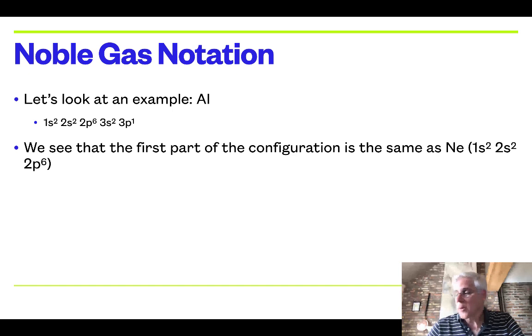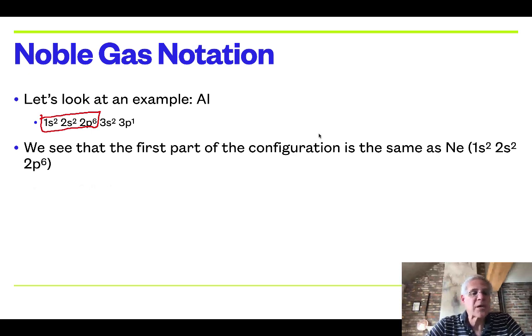Now, if we were to look at all of the electron configurations for the atoms, when we look at aluminum, what we see is that the first part of aluminum is the same as what we see for a noble gas, neon: 1s2, 2s2, 2p6.